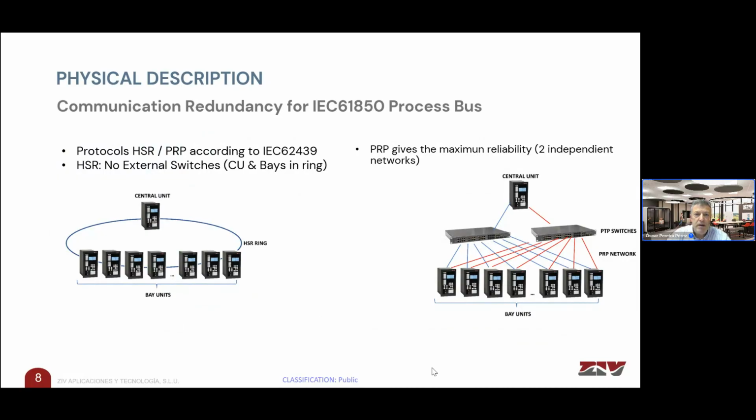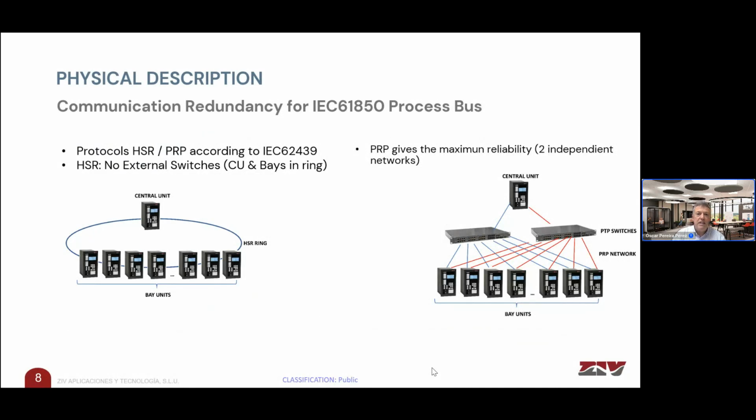Well, in the case of the busbar protection, those are the two possible redundancies that we can use here. One is the HSR on the left side, or the PRP, the Parallel Redundancy Protocol. These two are the topologies that have been proven to be the only ones acceptable for a busbar differential protection. Why?